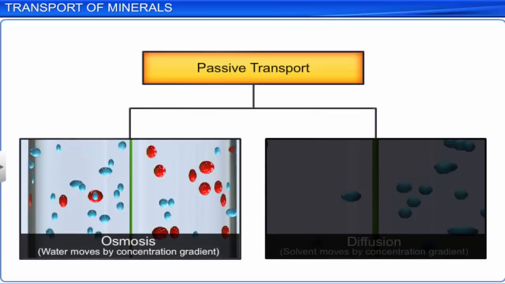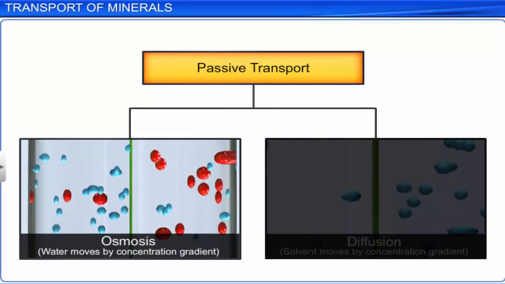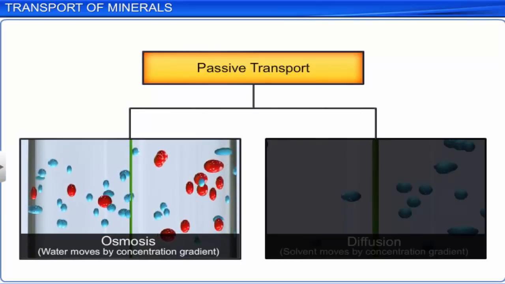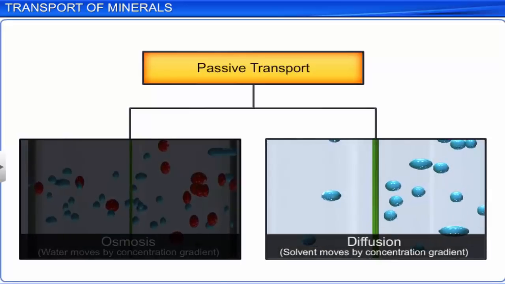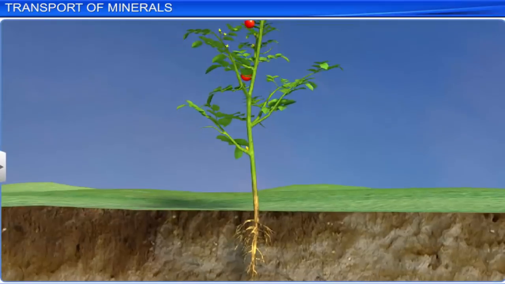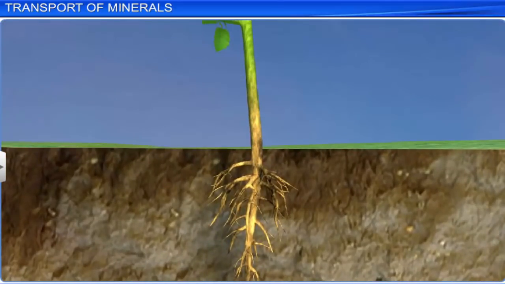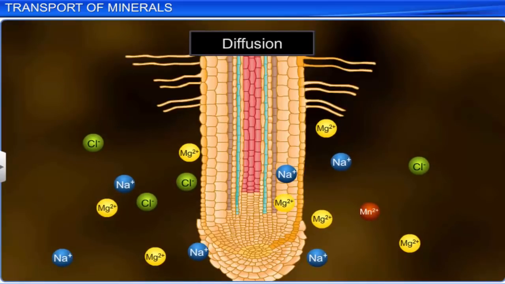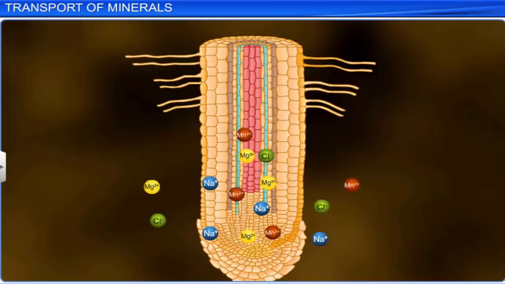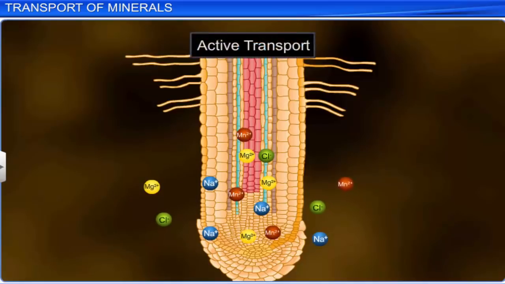In passive transport, the ions do not require energy and just pass through the cell membrane by osmosis or diffusion. Mineral ions move into the root by diffusion whenever the mineral concentration is higher outside the root. On the other hand, active transport takes place when there is higher mineral concentration inside the roots than outside.